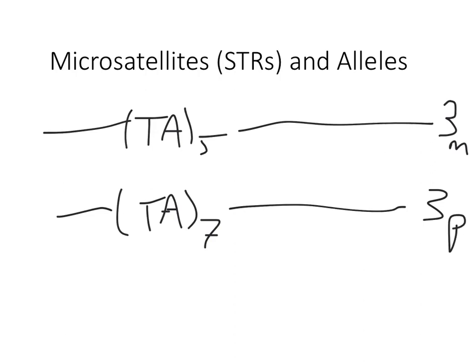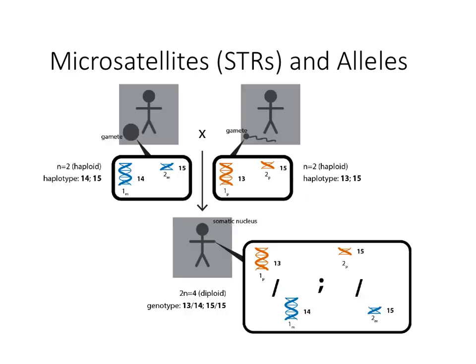So you inherited that other allele of this STR from your other parent. That means, in this case, you're heterozygous for a size difference, the number of repeats at this STR on chromosome 3. So they're not genes, but still alleles, different versions of a particular part of a chromosome.